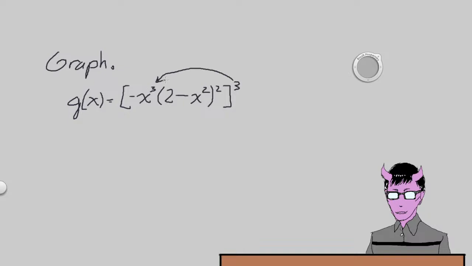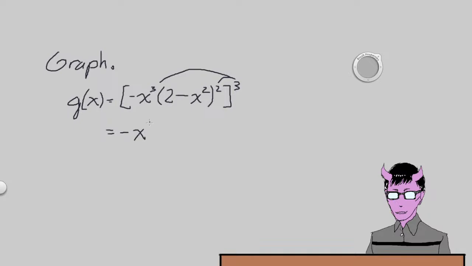So we can start by simply using the distributive property. Distribute this 3 exponent to factor chunk number 1 and then factor chunk number 2. We're essentially clearing the brackets first by using the distributive property for exponents. So we're going to get negative, because cubing doesn't eradicate negative signs, and then raise that exponent.